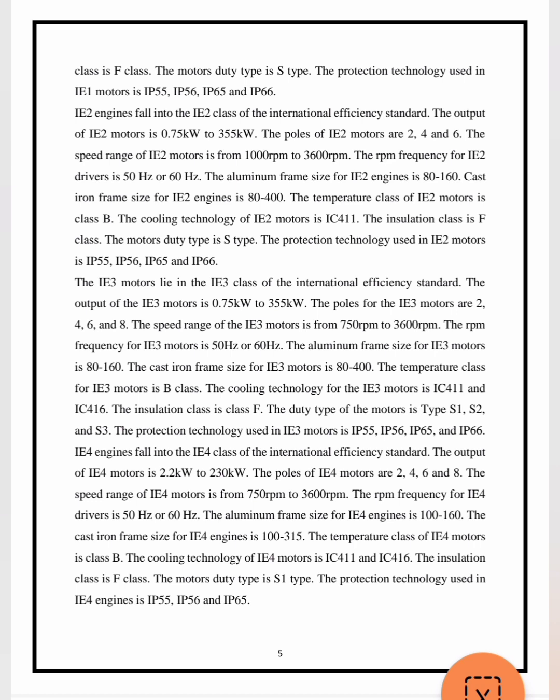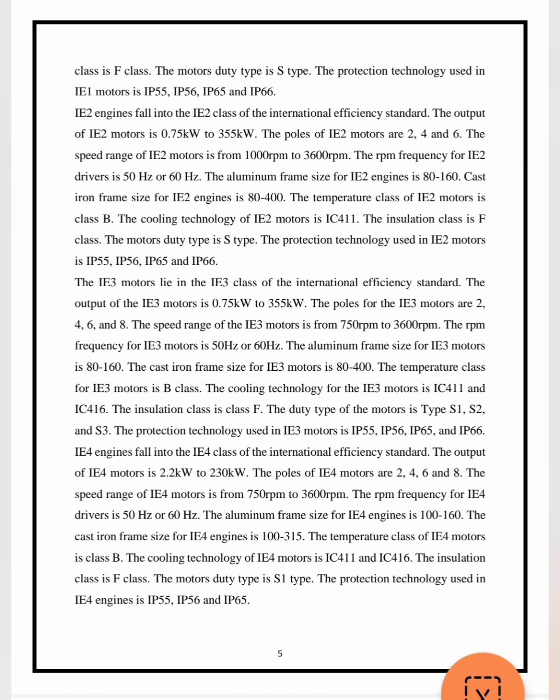The aluminum frame size for IE3 motor is 80 to 160 and cast iron frame size is 80 to 400. The temperature class for IE3 motor is B class. Cooling technology for IE3 motor is IC411 and IC416. It has two types of cooling technologies, IC411 and IC416.